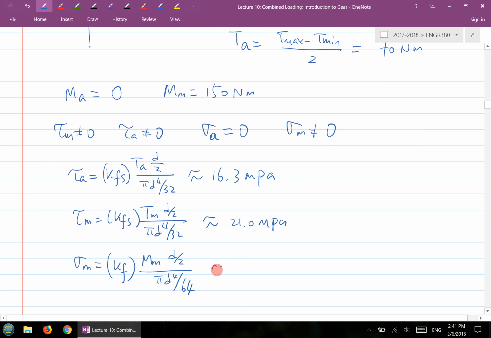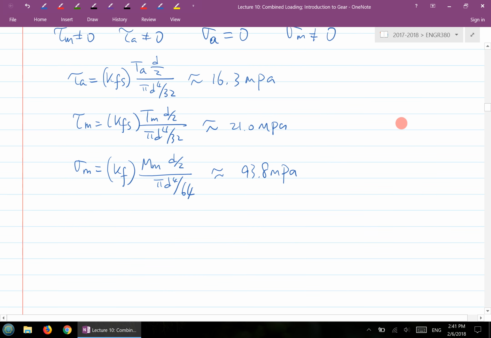So this will give me this number here. This is an example I excerpted from another big example. So let's suppose with a certain fatigue stress concentration factor, we end up with numbers like this for tau A, tau m, and sigma m.